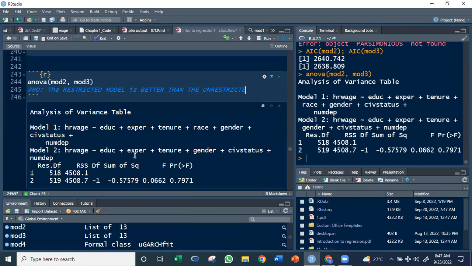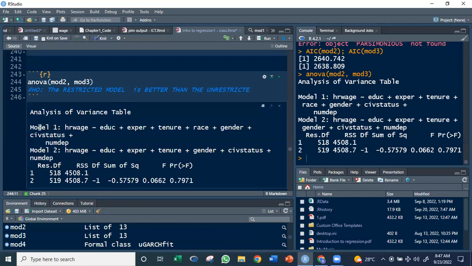So ang restricted model natin dito is model 2. Identify ko lang dito. No? Kasi baka actually sa pagbigay ng name, ang restricted natin si model 3, right? Kasi si model 3, siya yung walang race. Si model 2, may race siya.